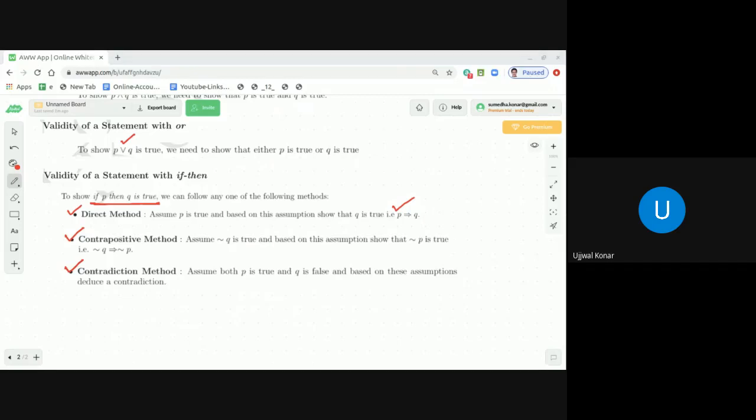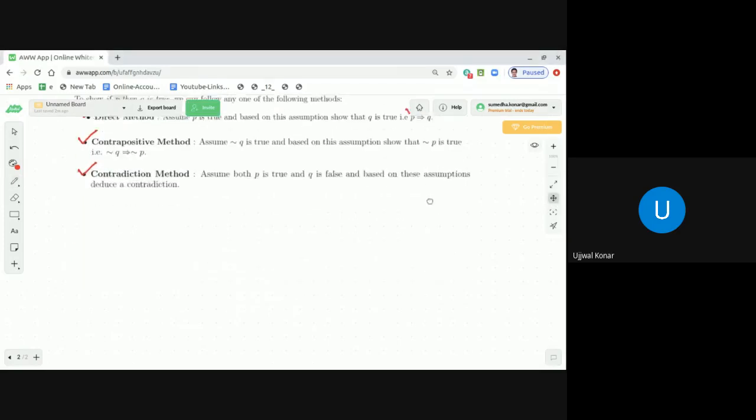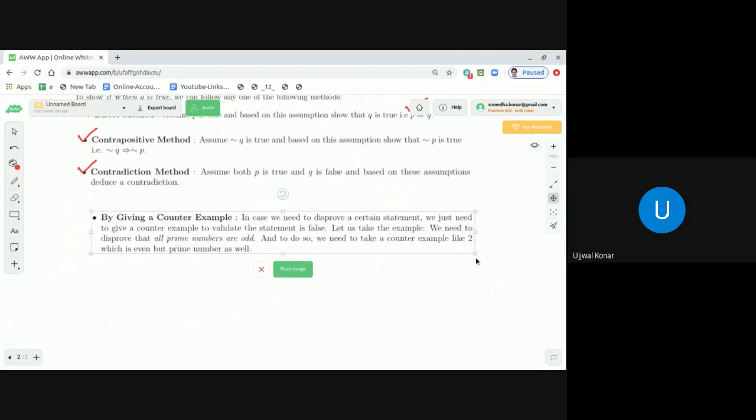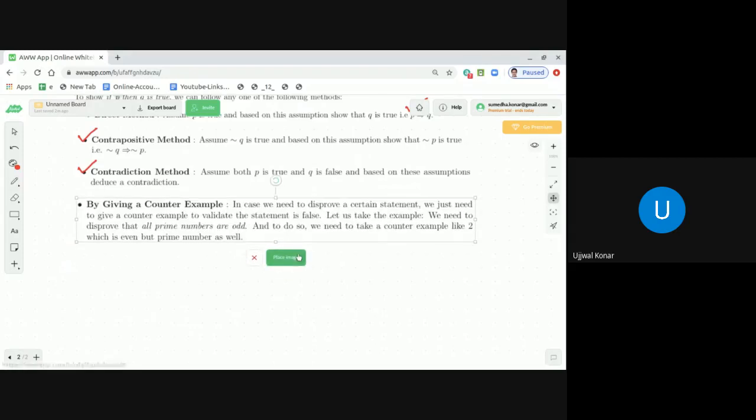And the next one is giving a counter example. And how to do this? Let me give you the statement first, and after that I will explain further. So here it is: giving a counter example.